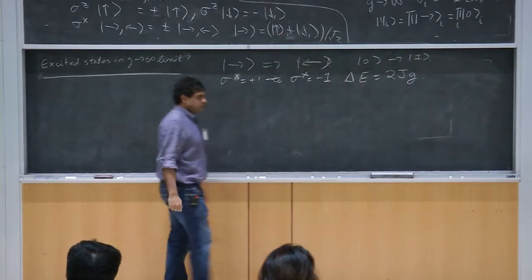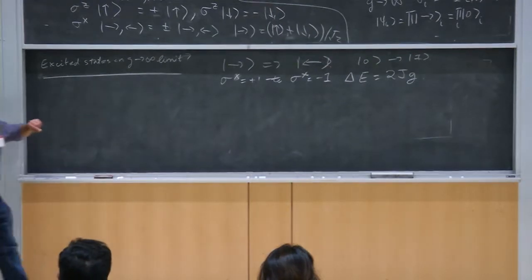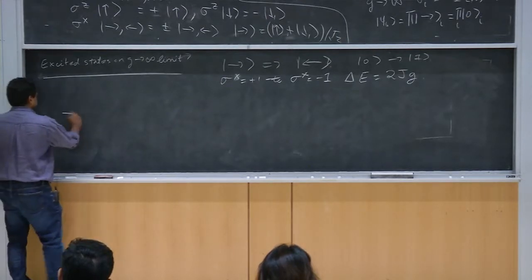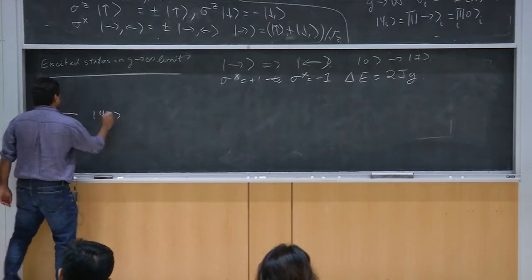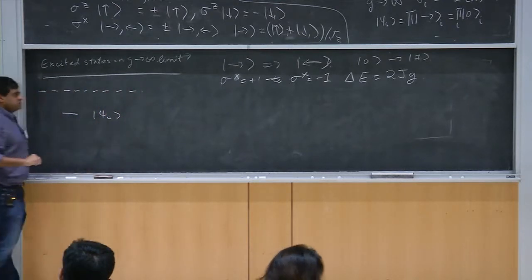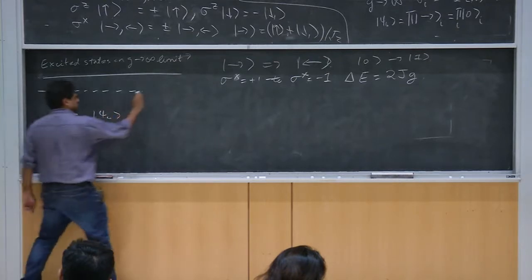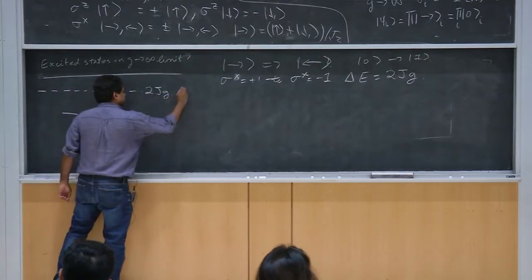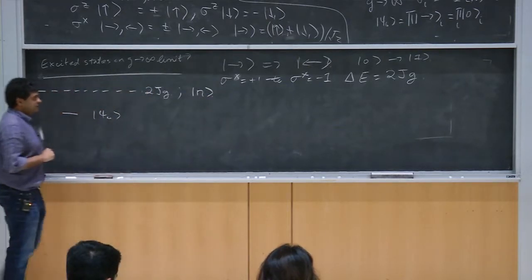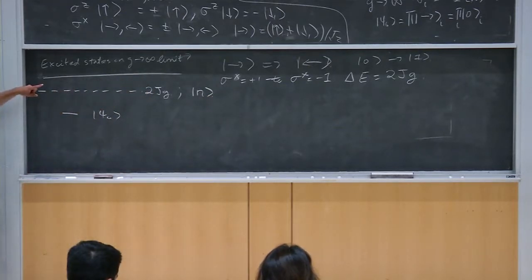You inserted a particle, if you like, into the sea of zeros. So if you look at the spectrum, there's a ground state, and then there are excited states. Actually, there are many excited states, all at 2JG. But you can label them by the integer n where this flipped spin occurs.